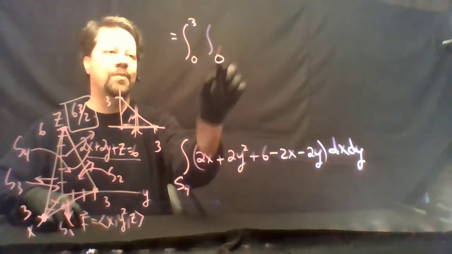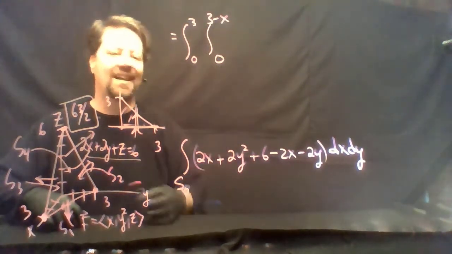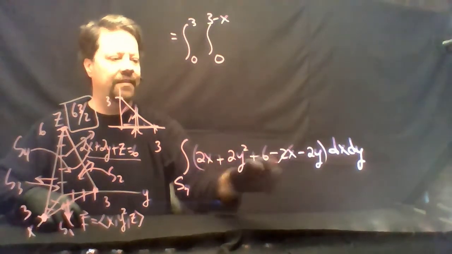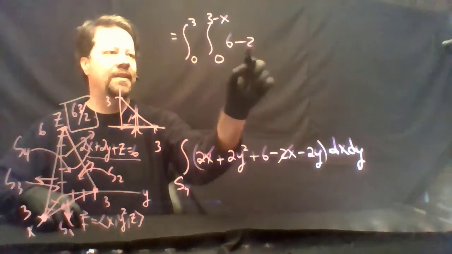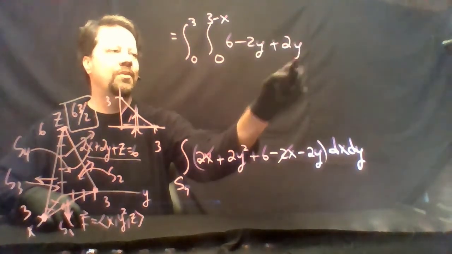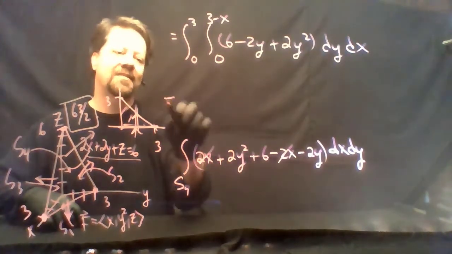The lower curve is y equals 0. The upper curve is 3 minus x. We do have a little bit of simplification. We'll have 6 minus 2y plus 2y squared dy dx.